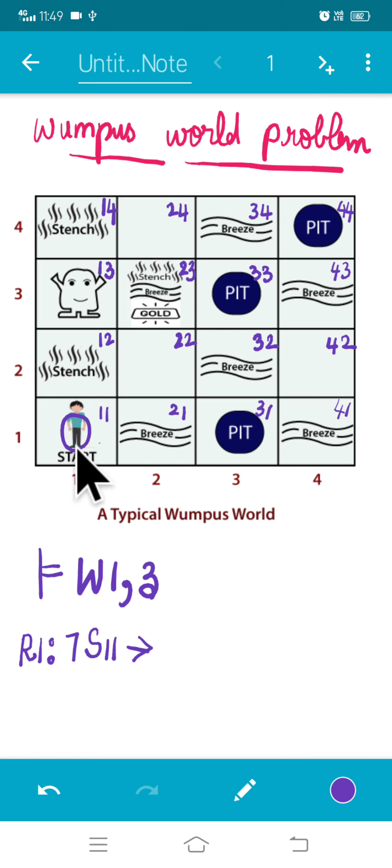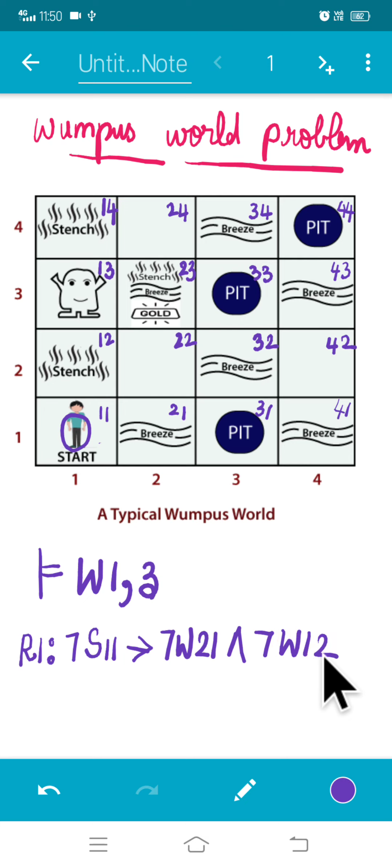Since the agent does not sense anything, we can say that no Wumpus is present in 1 comma 1. We can write this as no stench in 1 comma 1, which indicates no Wumpus is present in 2 1, and no Wumpus is present in 1 2.